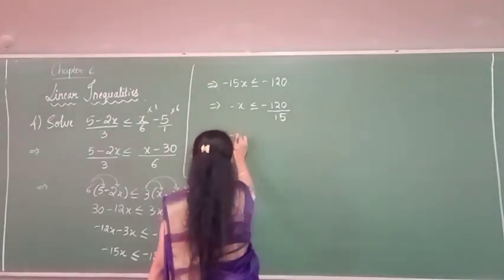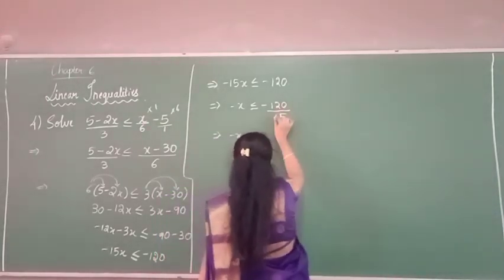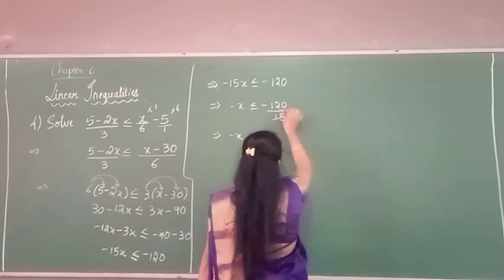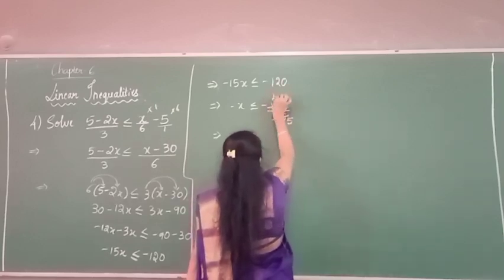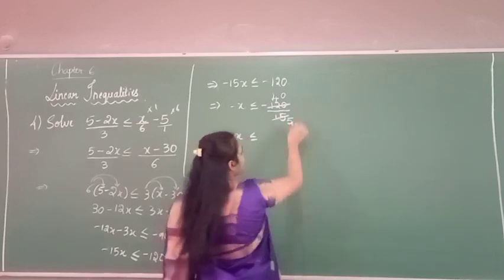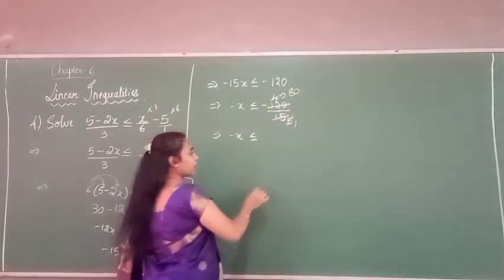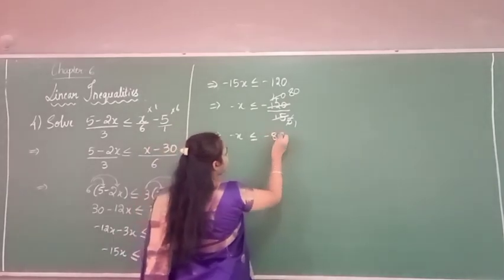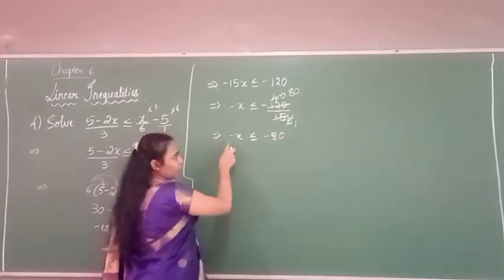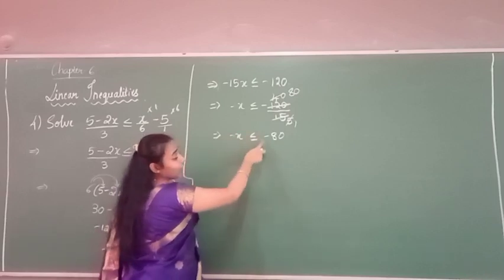Next step, minus x is less than or equal to, so 3 5s are 15, 3 4s are 12 and 0 as it is, 5 1s are 5, 8s are 40. Okay, next you will be getting the minus 80. Now can you see on both sides it is with a negative sign.